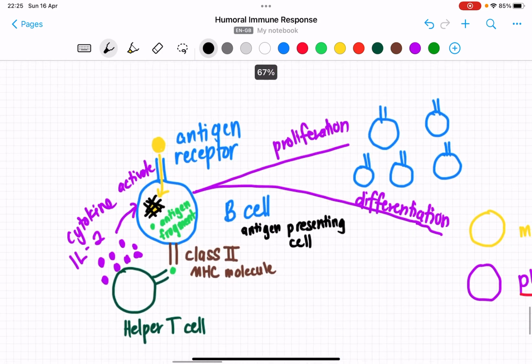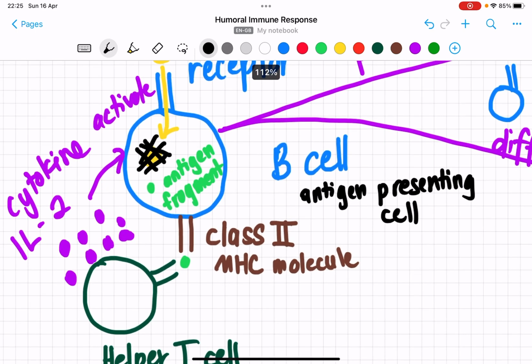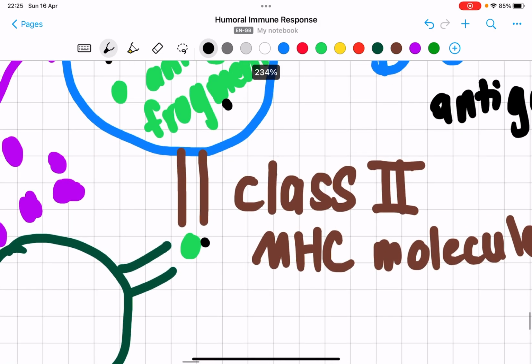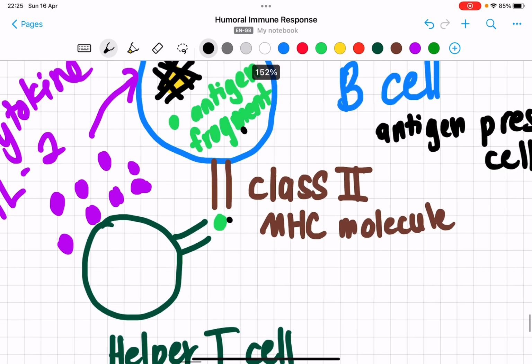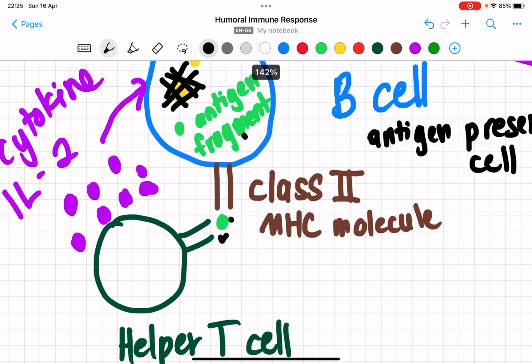At the same time, the B cell also will bind to the antigen and digest the antigen to produce antigen fragment. Antigen fragment will be displayed on the class 2 MHC molecule. Another helper T cell again will bind to the class 2 MHC molecule with antigen fragment.